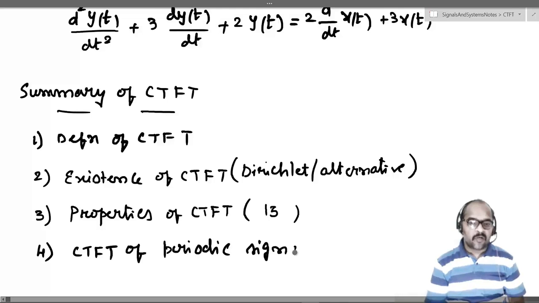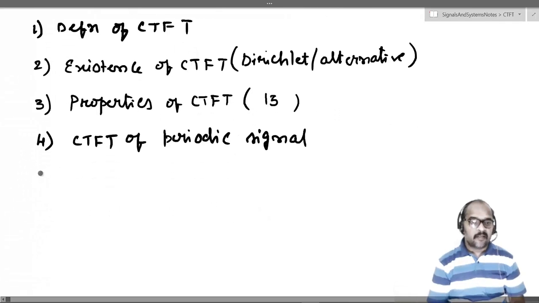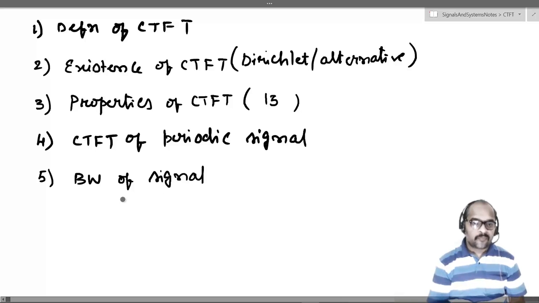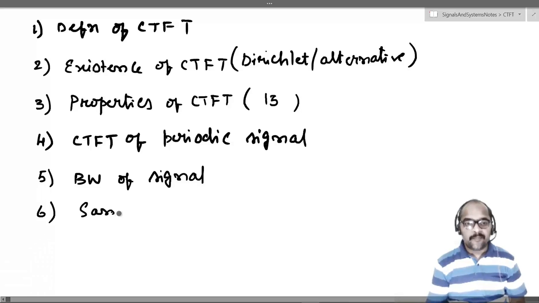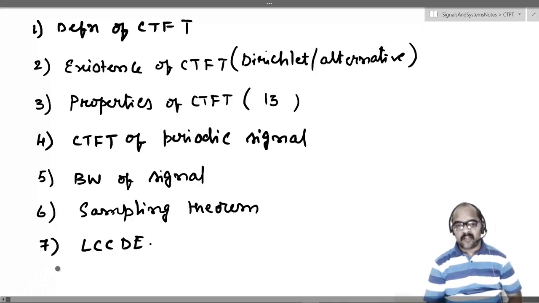Then we talked about the bandwidth of a signal, and then the sixth topic, the sampling theorem. Last but not least, we talked about the linear constant coefficient differential equation.